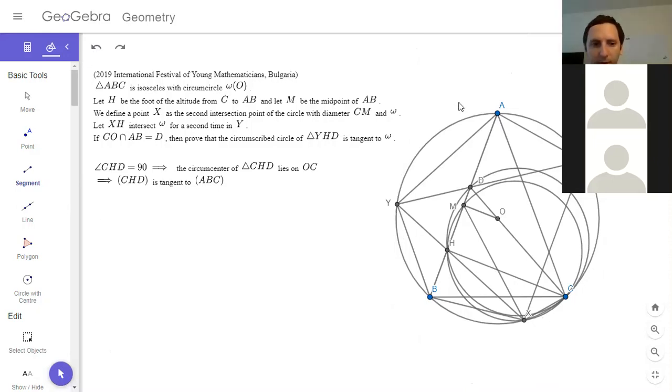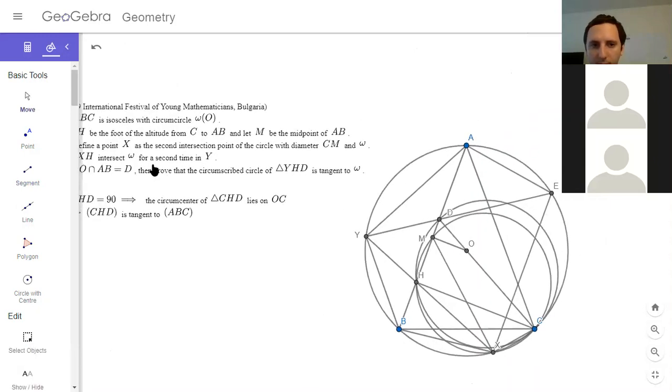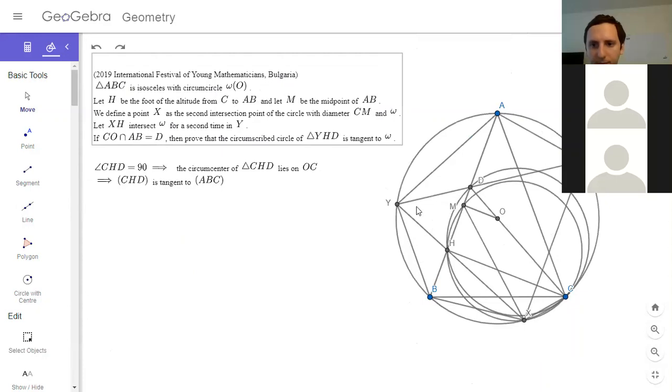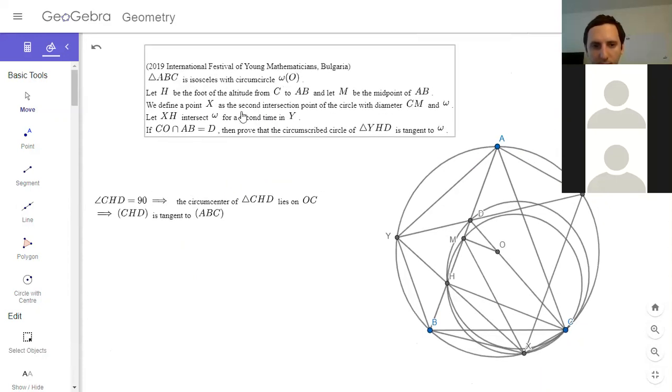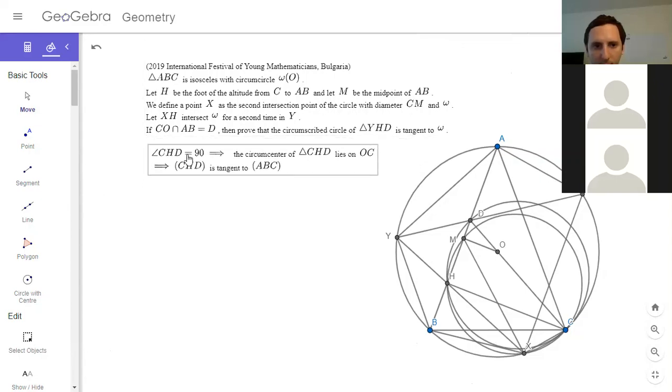Maybe put this over here. I'm not sure. Yeah, let me move this over a little bit.